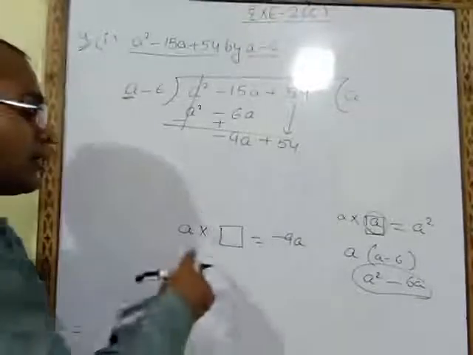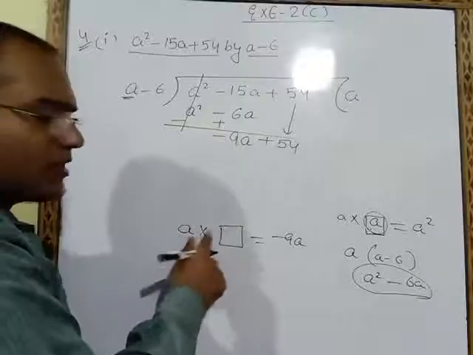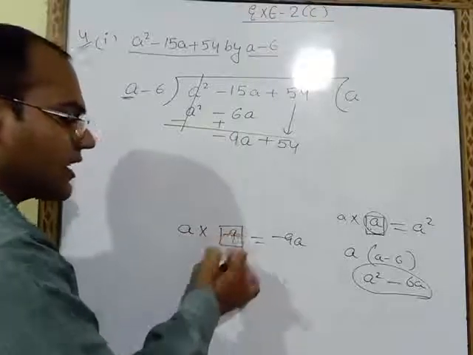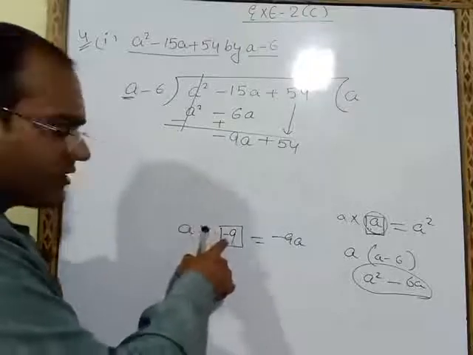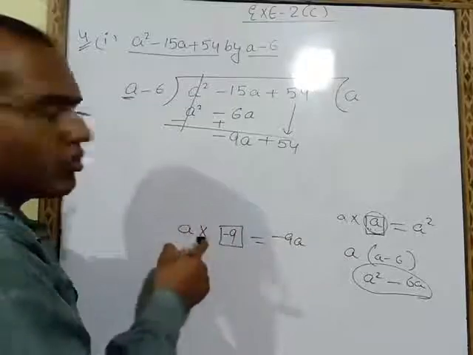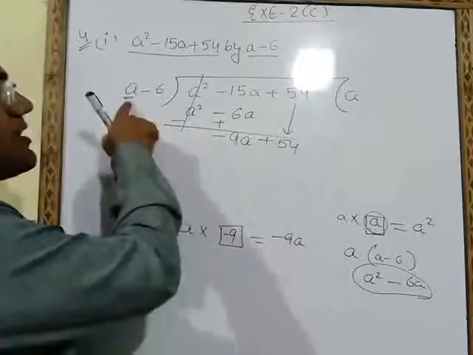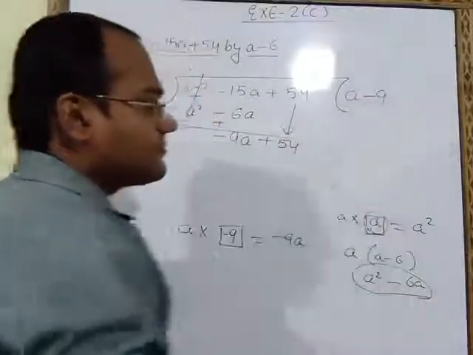In order to get minus 9a we have to multiply this a with minus 9. A multiplied by minus 9 is minus 9a. So here we have to write minus 9.